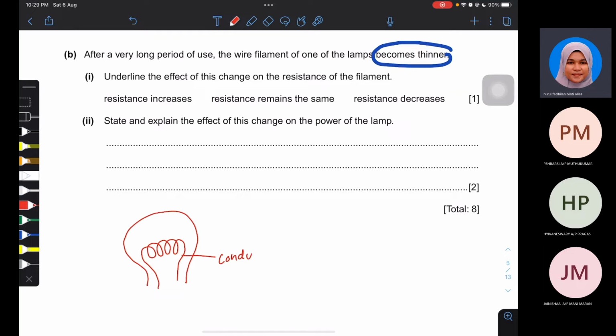The conductor means current can flow through it. Sekarang after lama dah sampai 5 tahun, the filaments ni becomes thinner. Underline the effects of this change on the resistance of the filament.